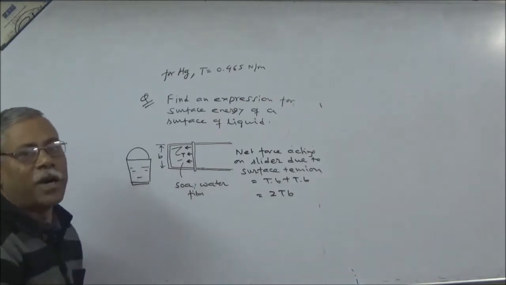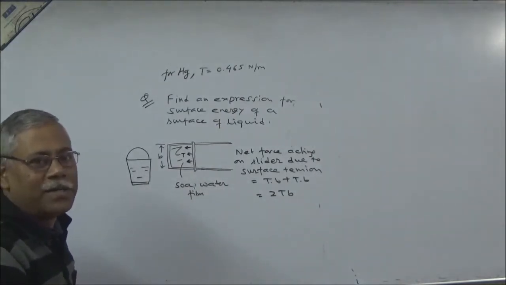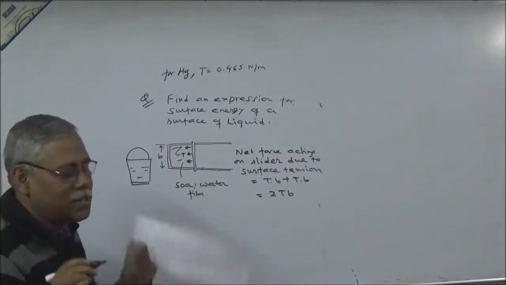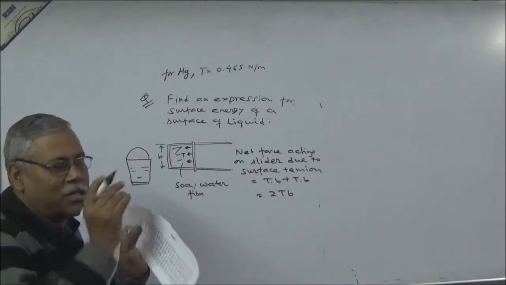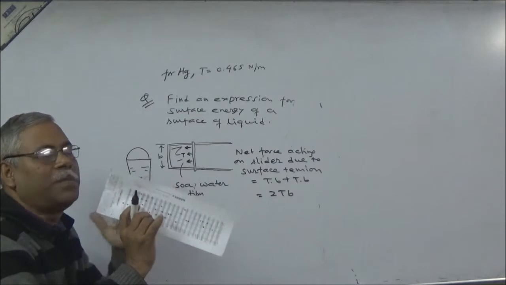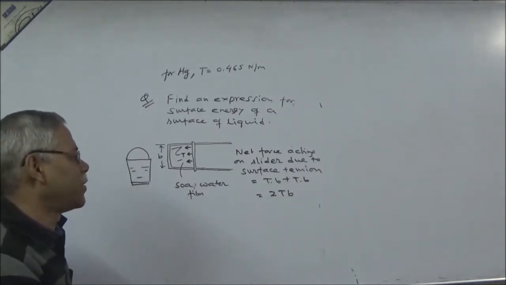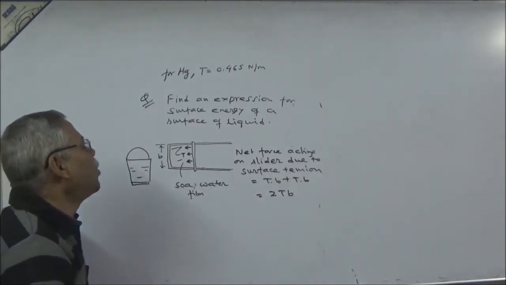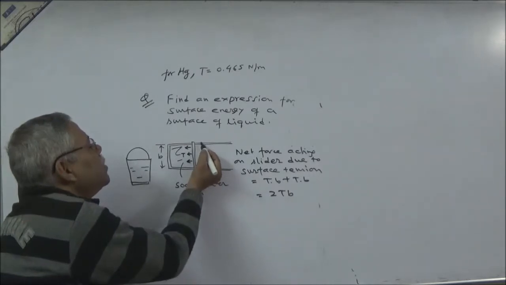Have you understood this part? Think about a writable surface: you can write on this side, you can write on this side. On this surface there is surface tension, and on this surface also there is surface tension. So 2TB. Now you shift this.